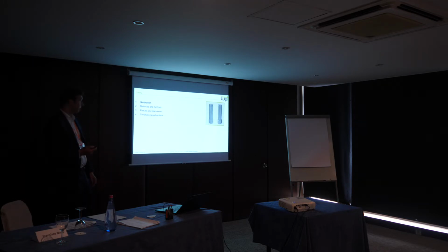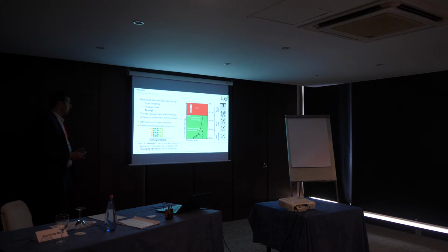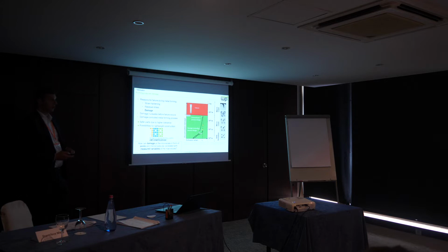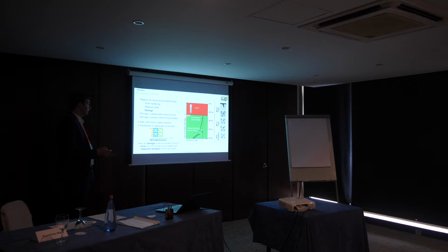So coming to the motivation, during metal forming, strain hardening, residual stresses and damage occur and limit the forming process. We know a lot about strain hardening and residual stresses and their influence on forming, but we don't know a lot about damage and its influence on forming.